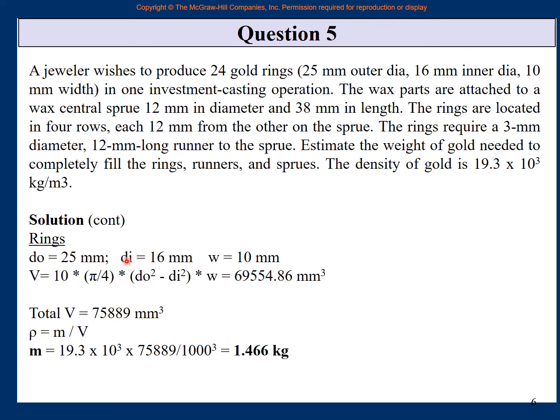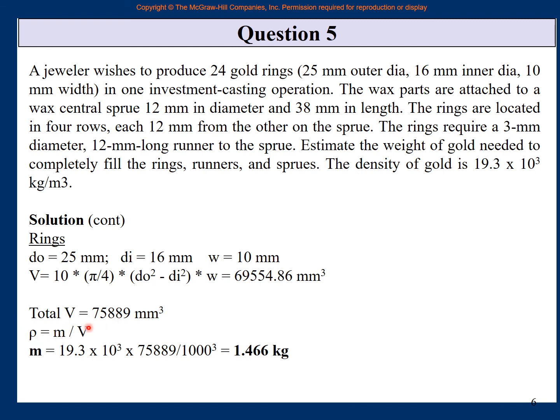Whenever it is outside dia, inside dia, width, then it is pi by 4 d outside squared minus pi by 4 d inside squared, into the width. So you substitute the values, this is the answer. And then if you add all of them, the sprue, the rings and the runners, then the total volume is this.